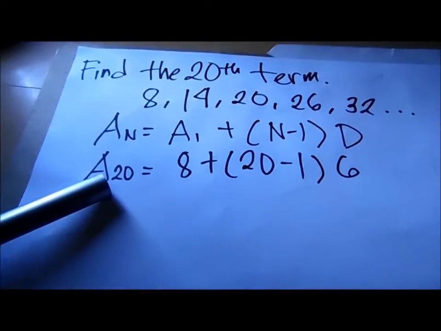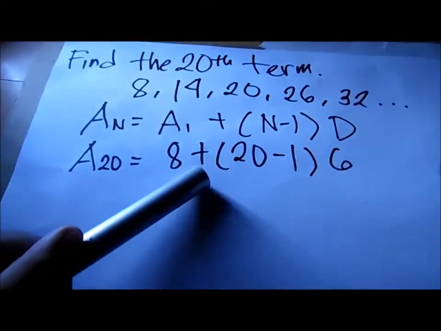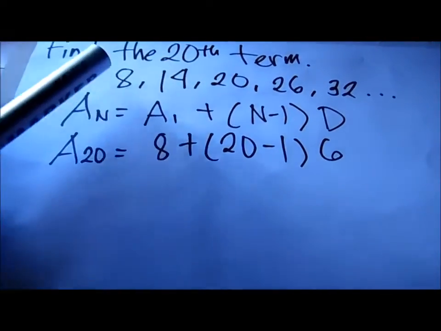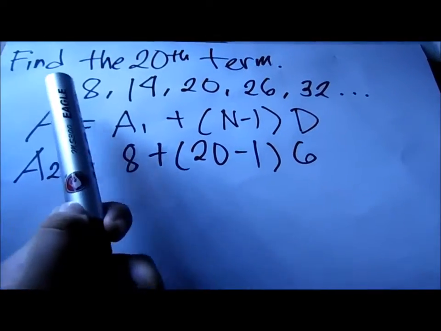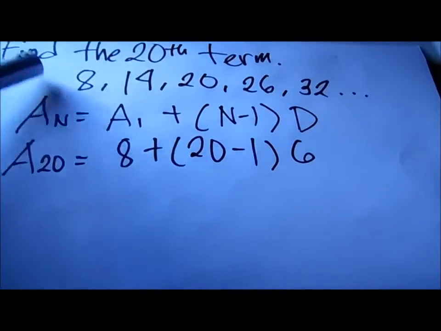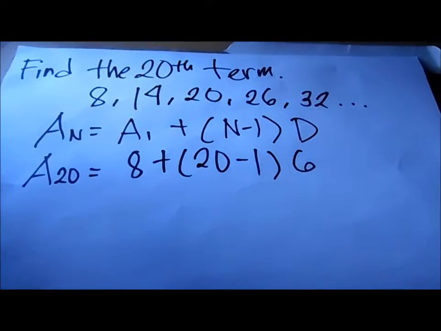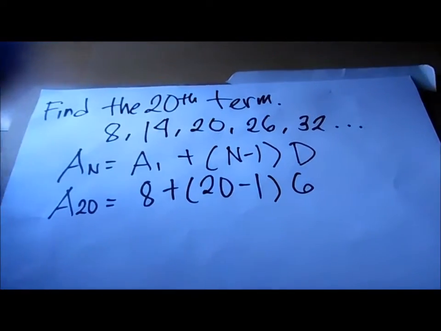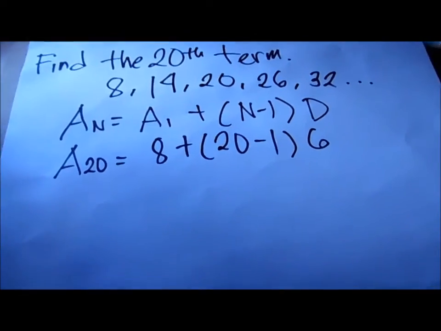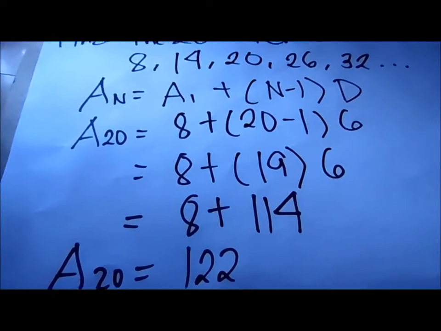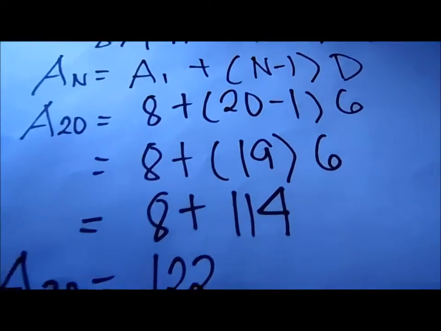We're gonna find the 20th term, so put that in the n right there, and since the first number of the sequence is 8, we're gonna put our first term as 8, and our common difference is 6, since if we add 8 and 6, we're gonna get 14, and so on.